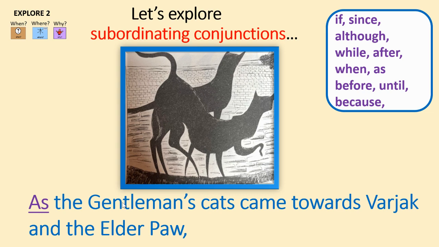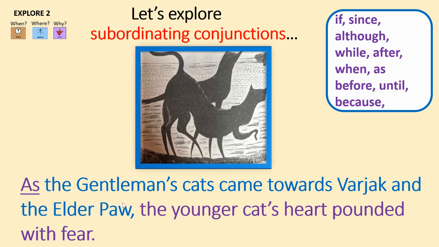Can you write that down, that subordinate clause with your subordinating conjunction, then finish it off with the main clause. Say it out loud first, then write it down. Press pause. Okay, so as the gentleman's cats came towards Varjak and the elder Paul, the younger cat's heart pounded with fear. Okay.